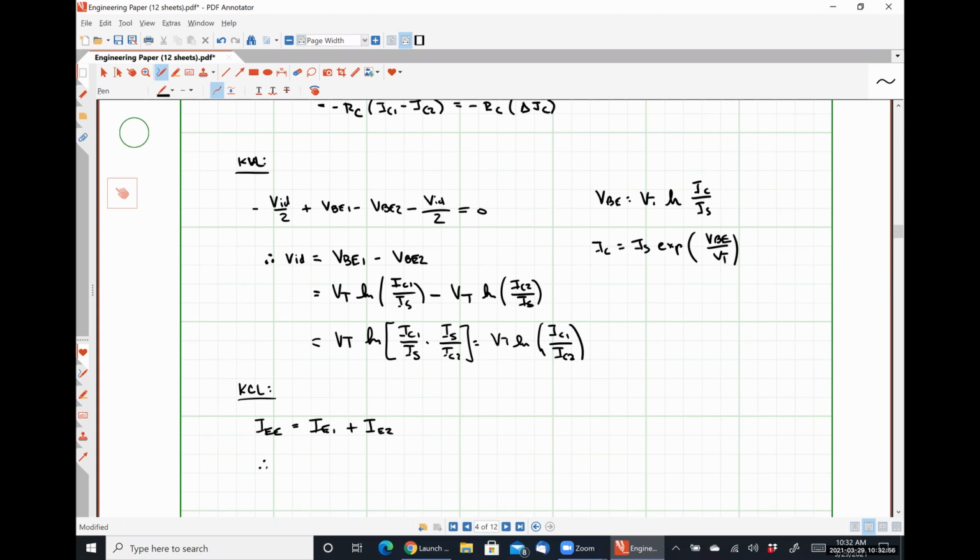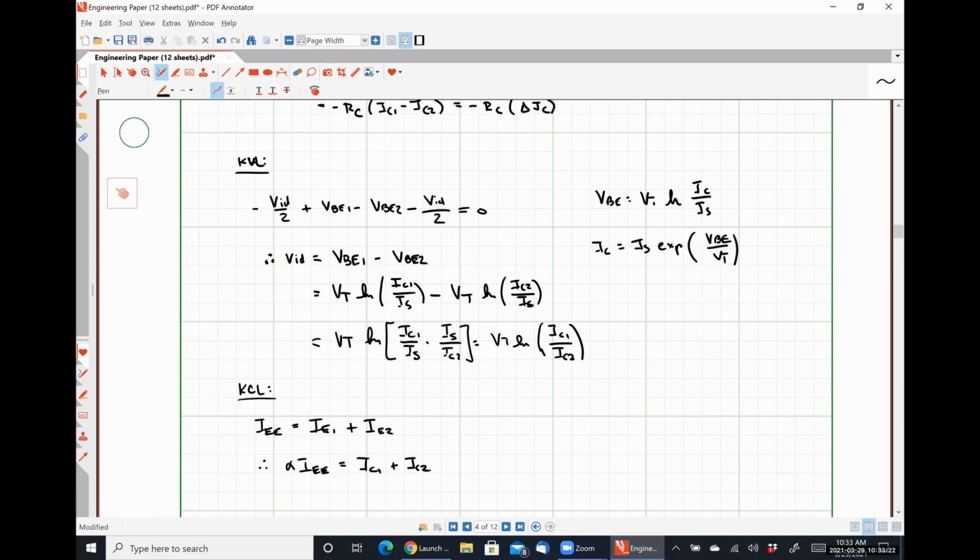And from this, we can see that alpha IEE is equal to IC1 plus IC2. Nothing particularly wild there. We've already visited that multiple times today.